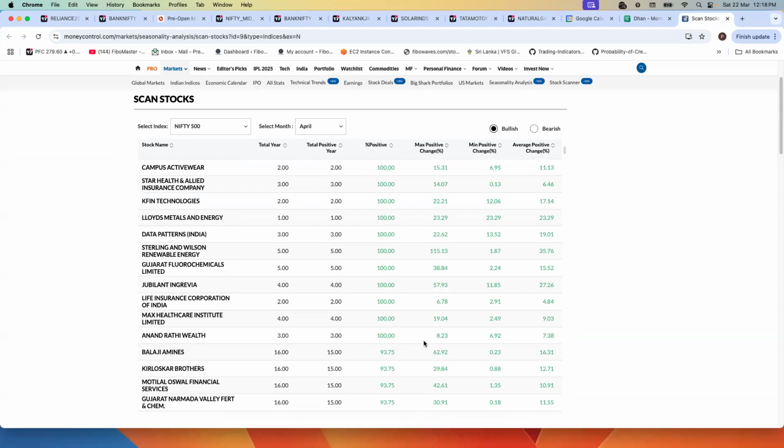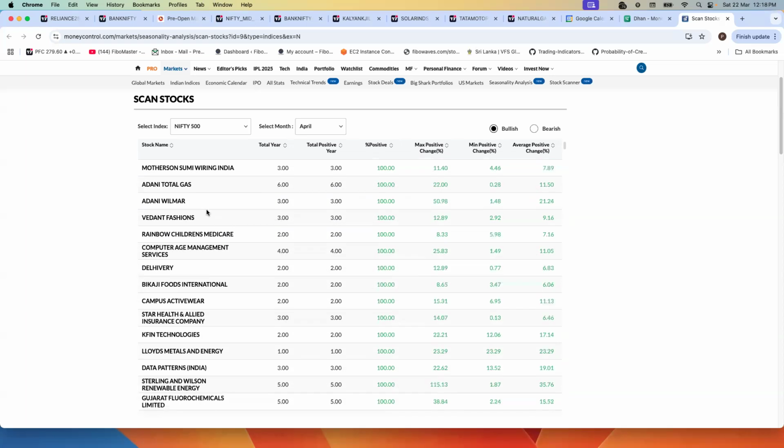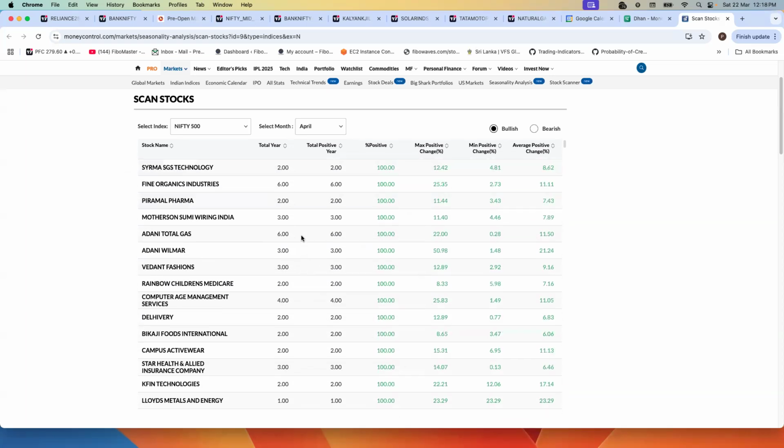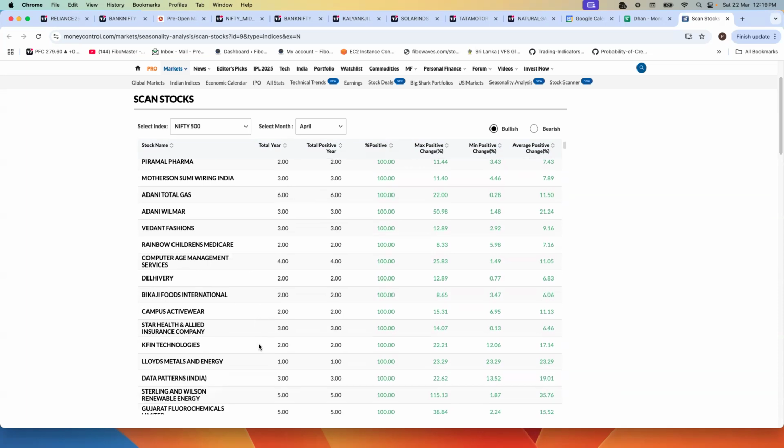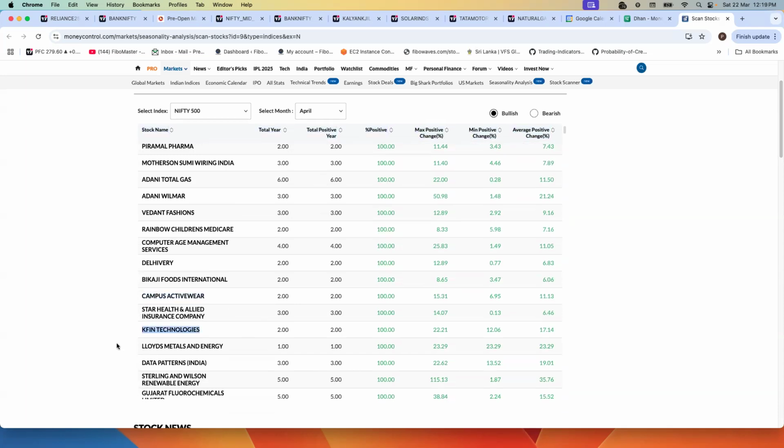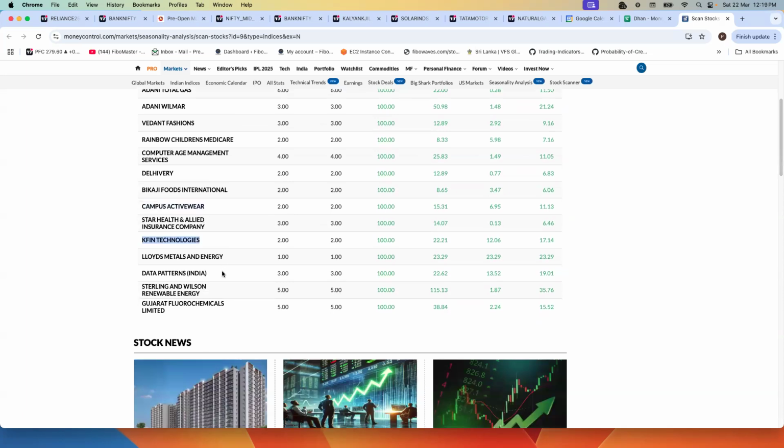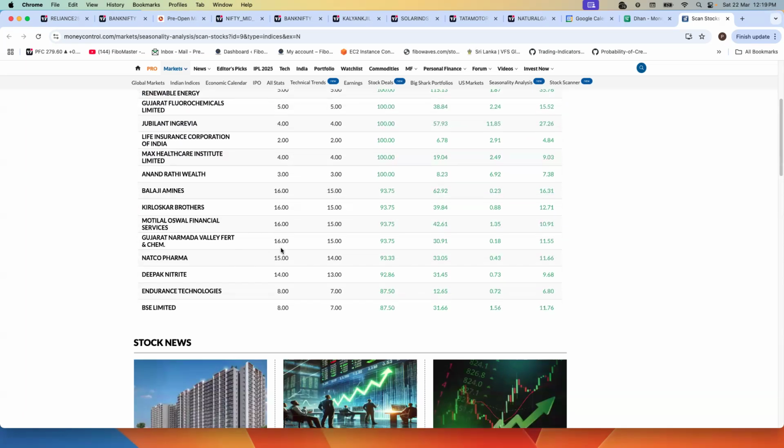Okay, see this? It will give you the entire 500 stocks. So Motherson Sumi Wiring, all the stocks. You can take 100 after 100: Siamara, Fine Organics, Pyramid Pharma, Motherson Sumi, Adani Total Gas, Adani Wilmar, Vedanta Fashion, Children's Home Care, CAMS, Delivery, Bikaji Foods, Campus Activewear, Healthcare Industries, Infin Industries, Data Patterns, Sterling, all these things.